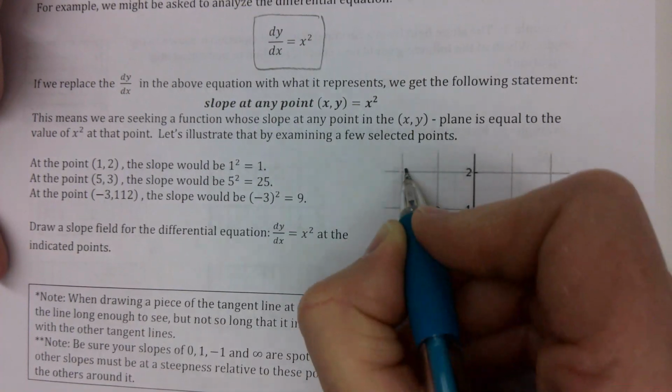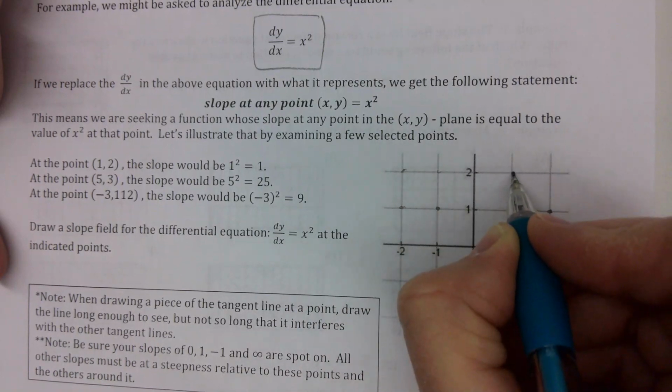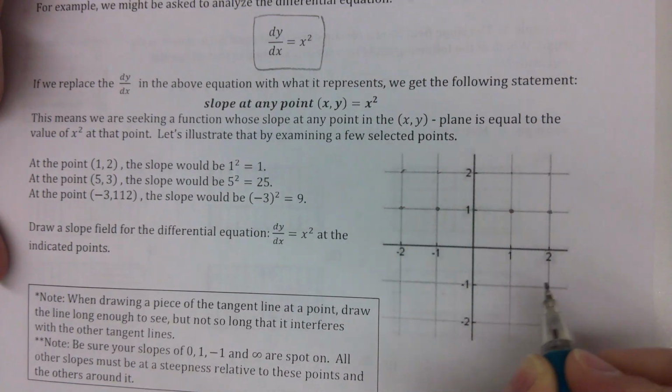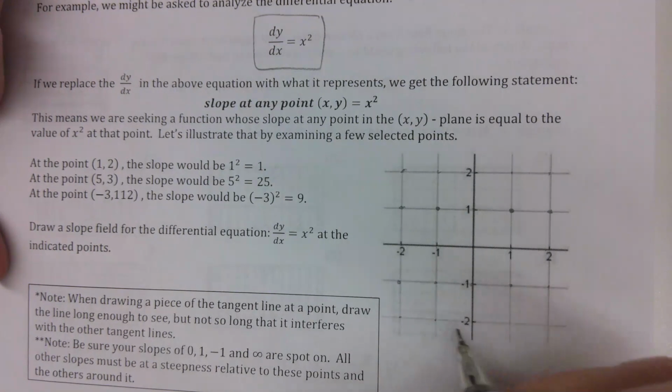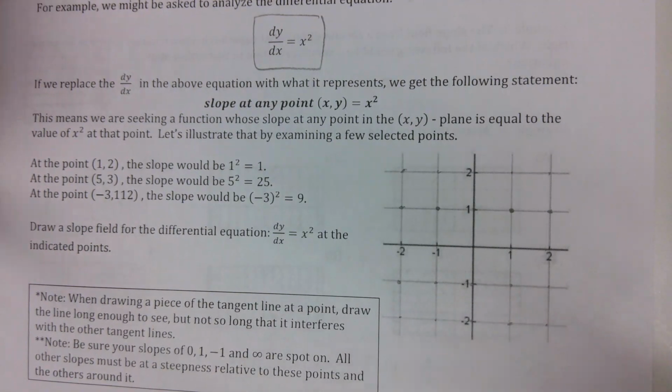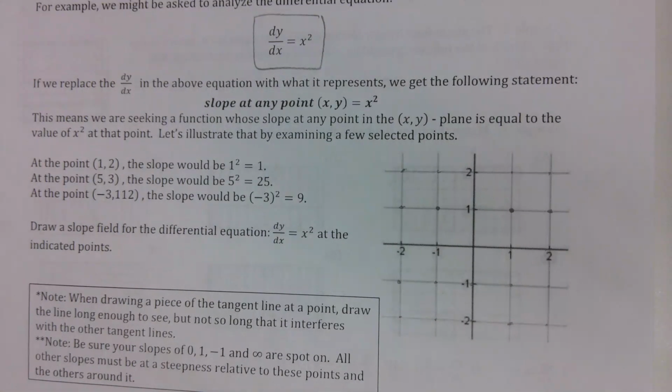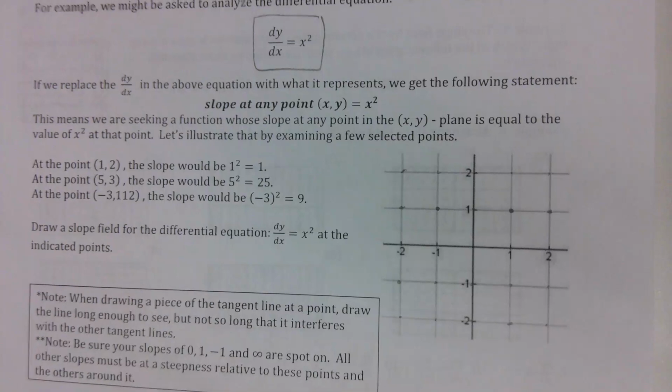All of these little points, we will create a little bitty sloped line. And what shows up is a general view of what the actual solution is.